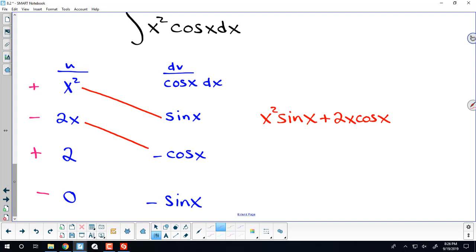Oh, it's anti. Yeah, derivatives on the left, antiderivatives on the right. Okay, so that was a minus 2x times minus cosine, and then we take our positive 2 times negative sine. That's it, this one's 0, we're not crossing that with anything, so that's the antiderivative right there, as we saw.